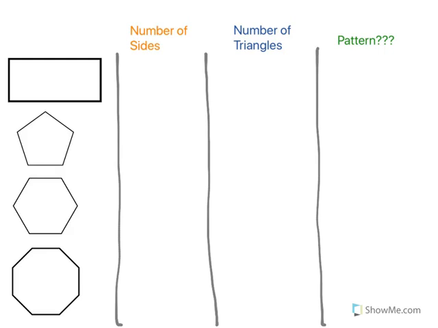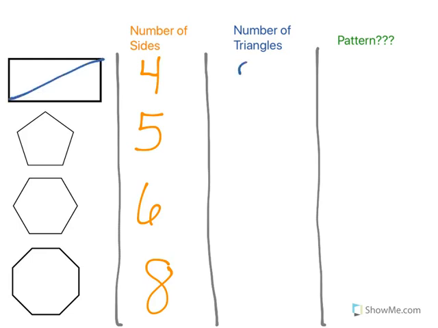Here we have a column that just says number of sides, so I'm going to quickly populate that. A rectangle has 4 sides, a pentagon has 5 sides, hexagon has 6 sides, and an octagon has 8 sides. Now we're going to go back to those number of triangles. So the rectangle had 2 triangles. The pentagon has 1, 2, 3 triangles.